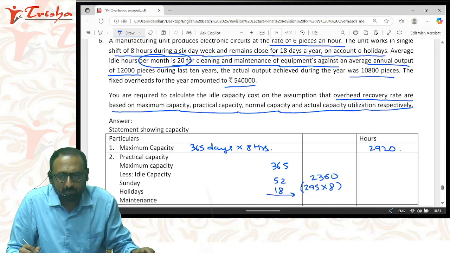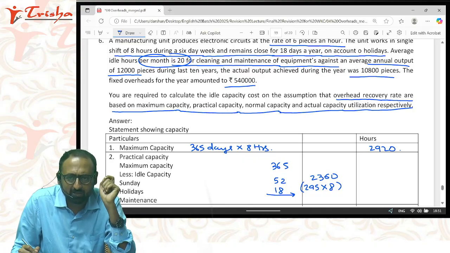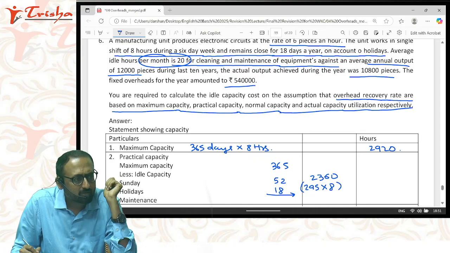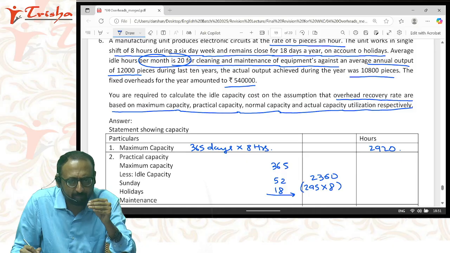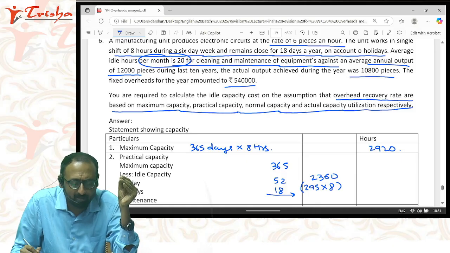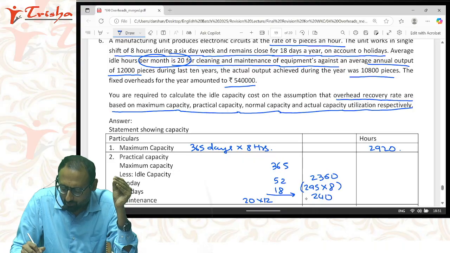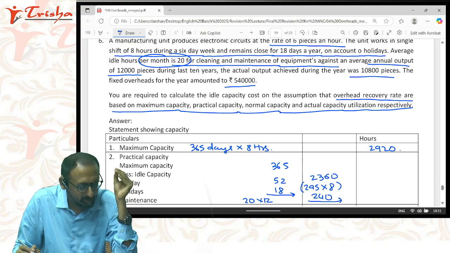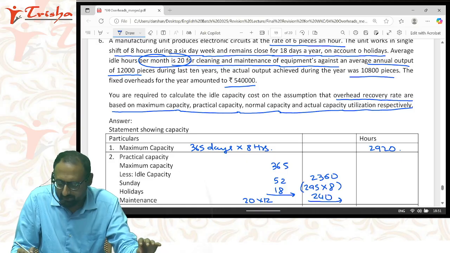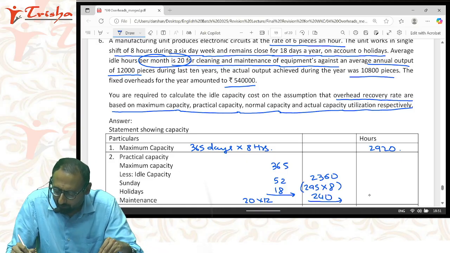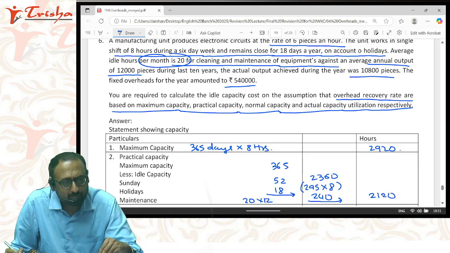And maintenance hours, read the question and tell me how many maintenance hours are there? 20, but 20 per day, 20 per month, 20 per annum? 20 per month. So 20 multiplied by 12, is it 240 hours gone? So 2360 minus 240, what will be the answer? 2120.